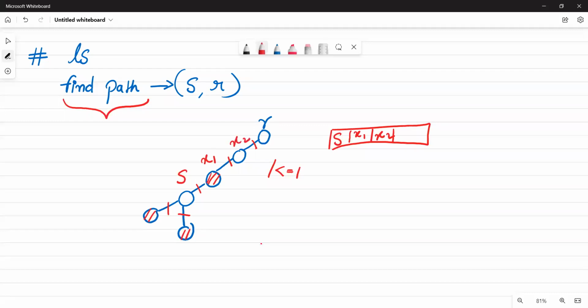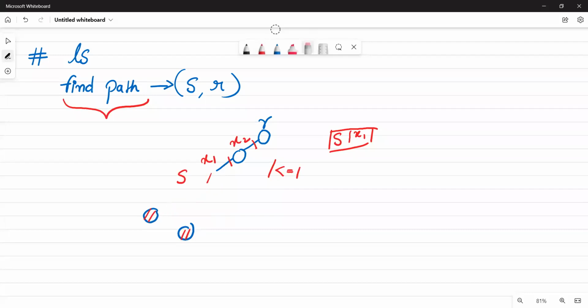But seeing your k, what is your k equal to? 1. So you will only keep x1 in your list and remove the remaining ones, and you will get your list according to the question. Clear?